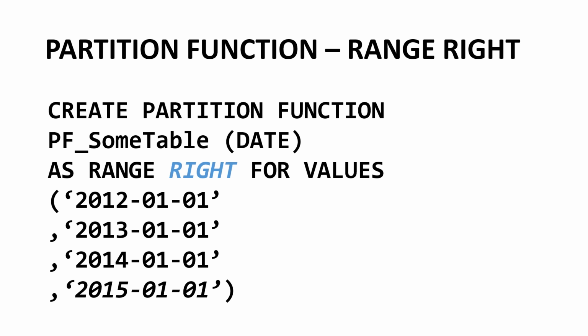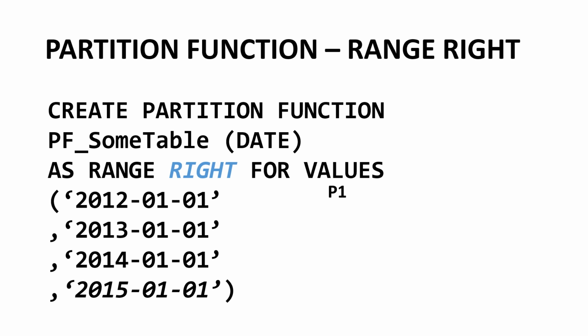That is to hold data that is beyond the expected values. We expect data from January 1st, 2012 to December 31st, 2014. And if somebody inserts data that is above that, or outside that range, we don't want it to fail. We want it to go into this last bucket here.